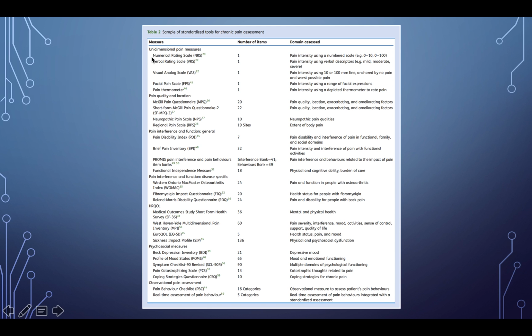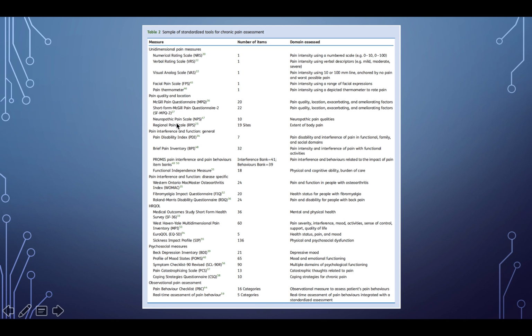So here's a sample of some standardized tools for chronic pain assessment. I think a lot of us use these right here. Some people use the facial pain scale. I don't use the pain thermometer too much. We used to use it in the hospital, but we mostly just use the verbal rating scale, or the NRS. So you have these unidimensional pain measures, pain quality and location.